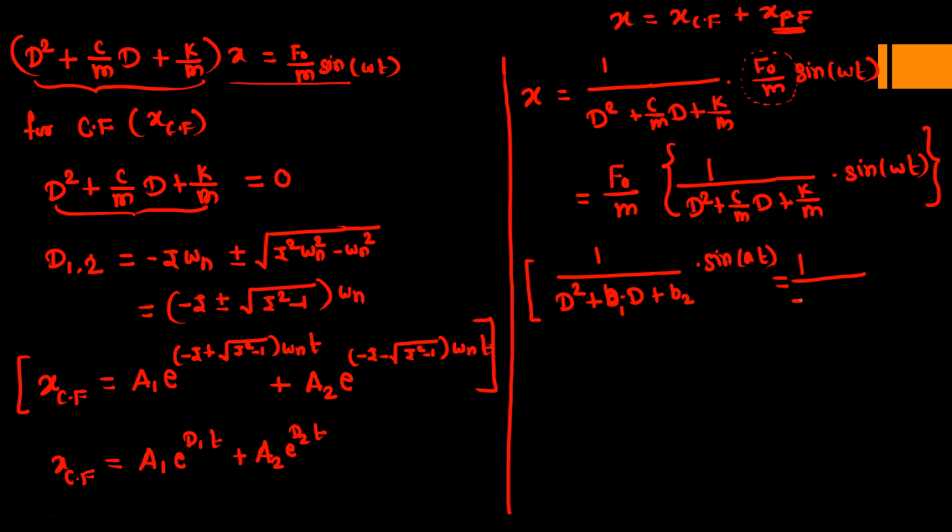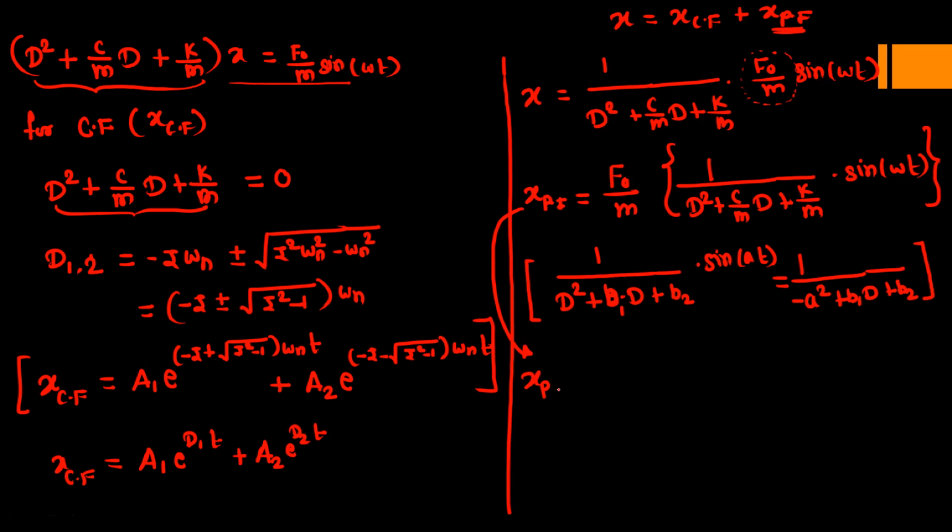So it is minus a square plus b1 D plus b2. We can replace only the D square term, not the D term. So use this rule for this equation, which is the x particular integral.